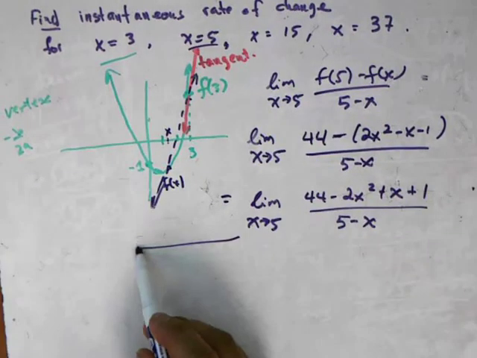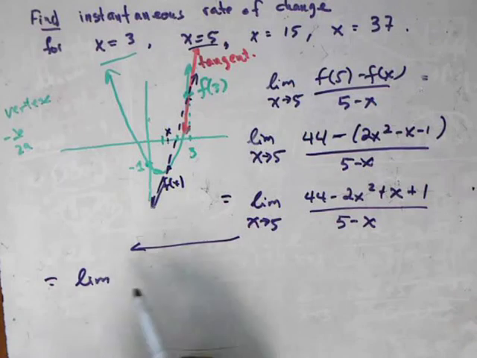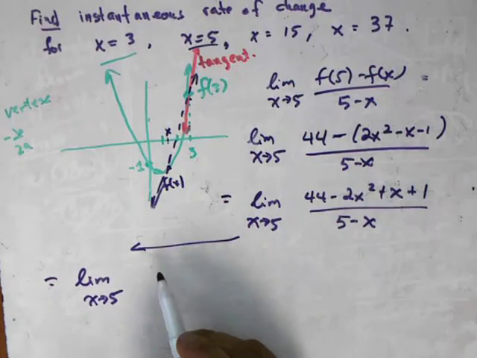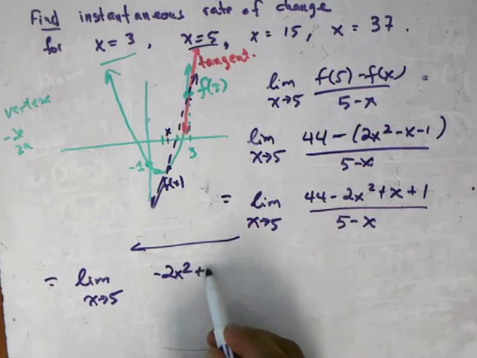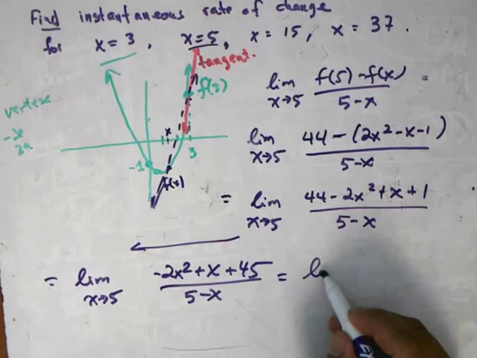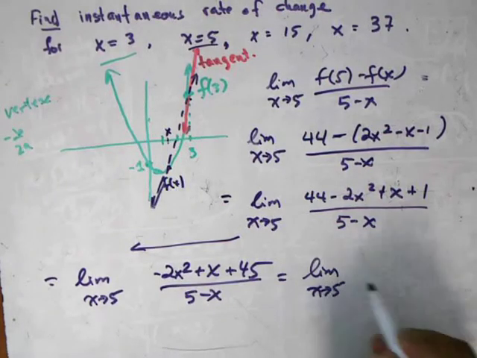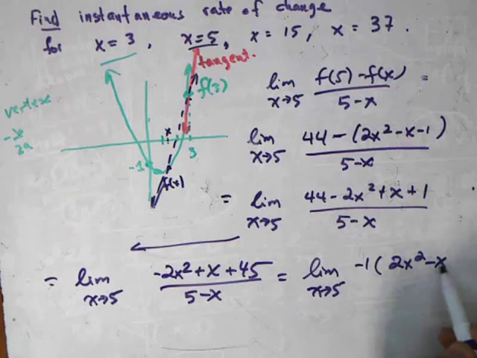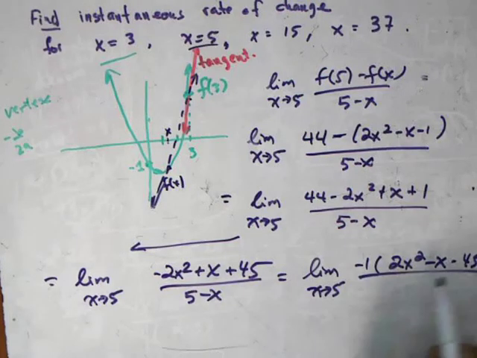Okay. Continue over here. This is the limit as x approaches 5. 44 and 1 gives you 45 over 5 minus x, and that's equal to the limit as x approaches 5. Factor out a negative 1 in the bottom.